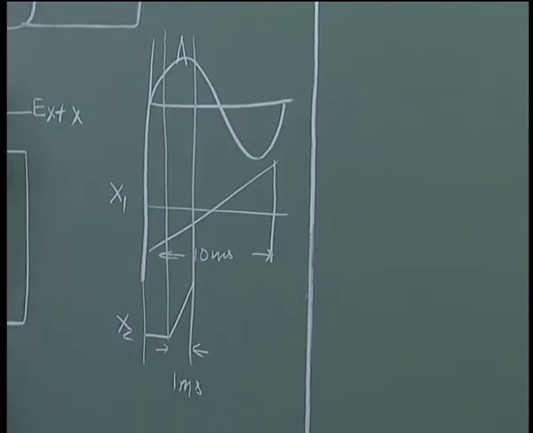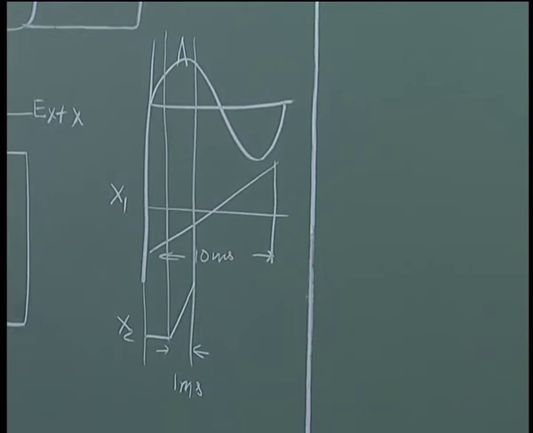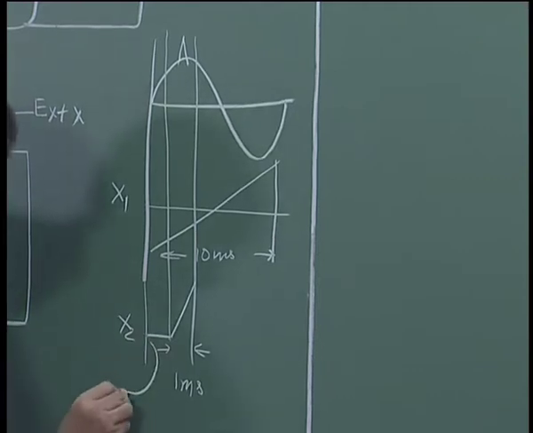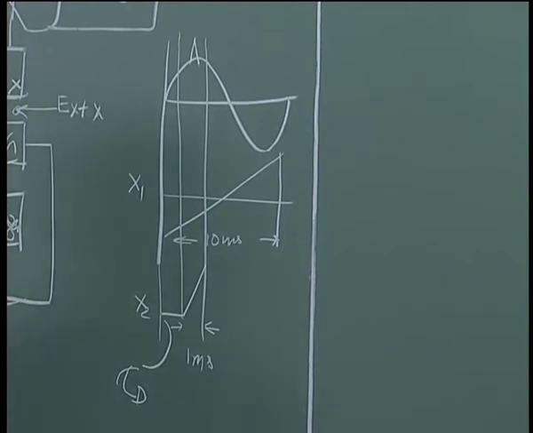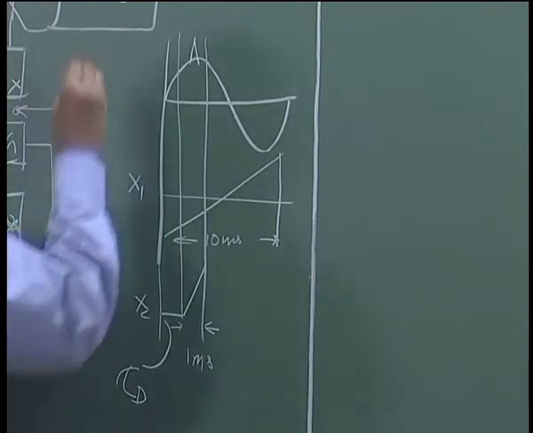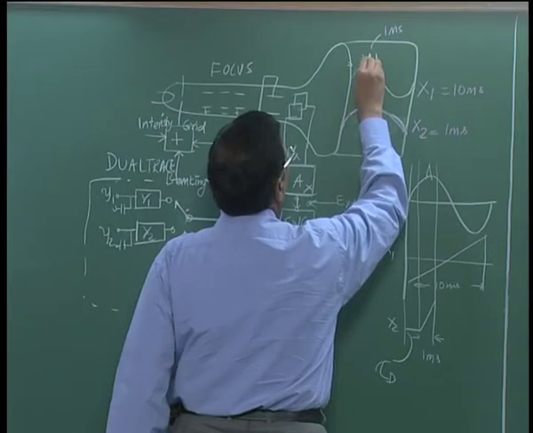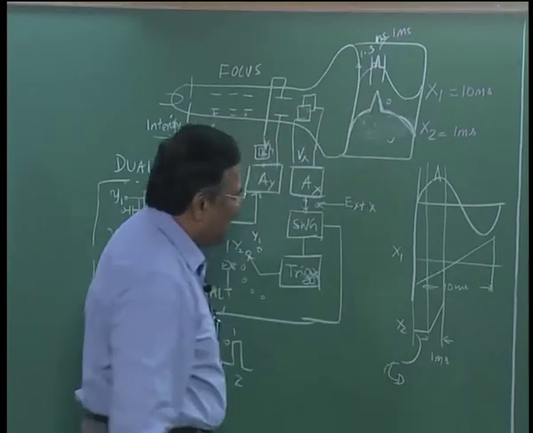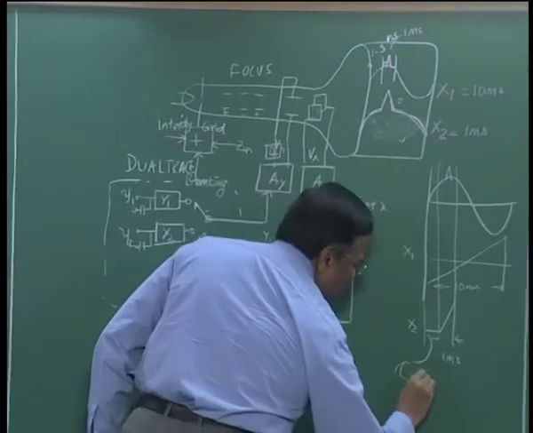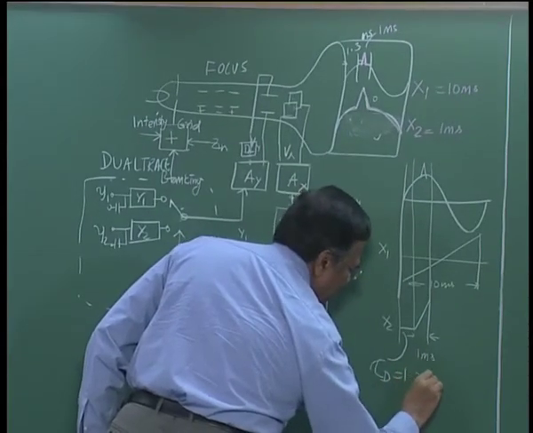And it is not enough that I generate a sawtooth for 1 millisecond, I should also start the sawtooth after x1 started, after a particular delay. I call this tau d. Say this portion is 1.3 millisecond. So tau d is equal to 1.3 millisecond.